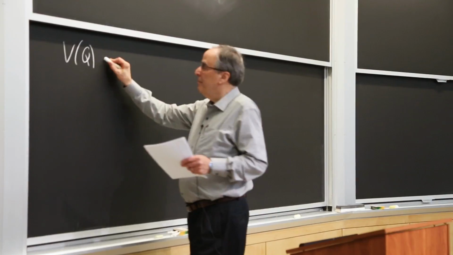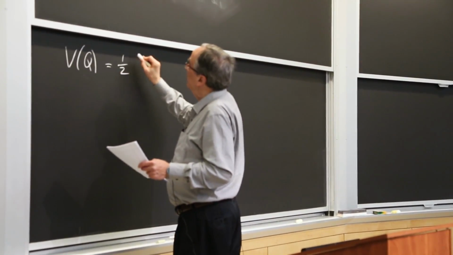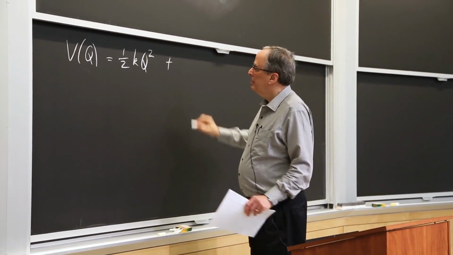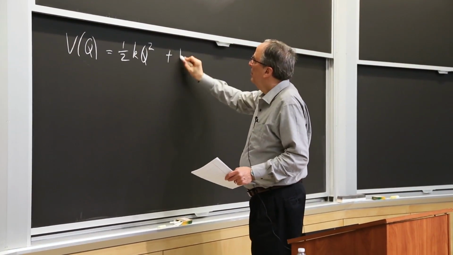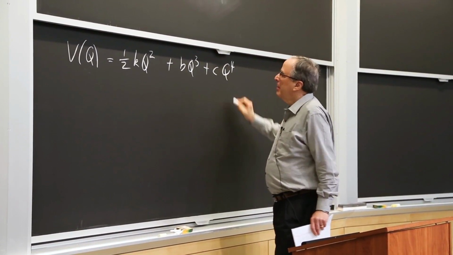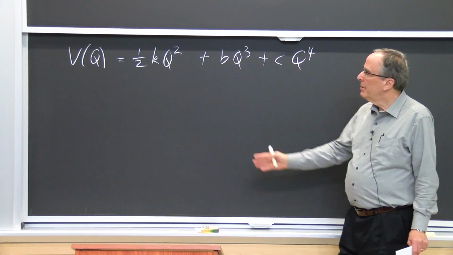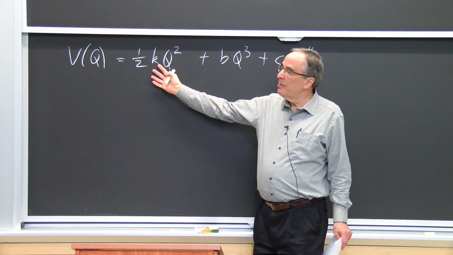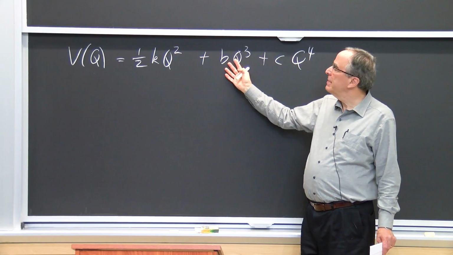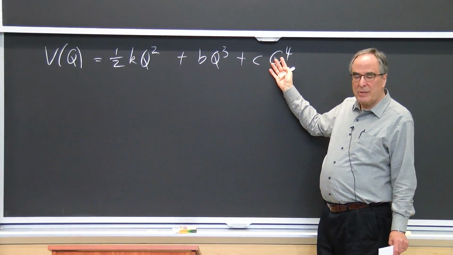And it's the same thing. Okay, so this is an exactly solved problem, and this is something extra. And so this is a cubic anharmonicity, and this is a quartic anharmonicity.